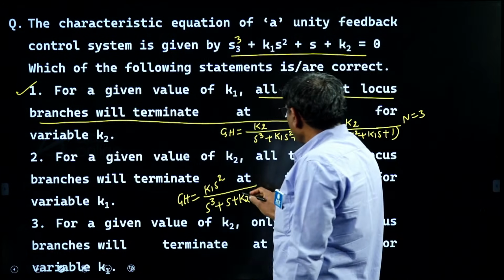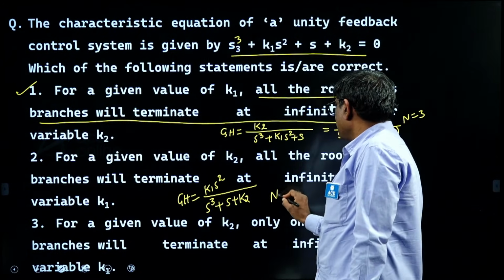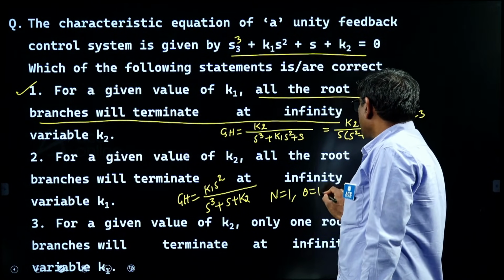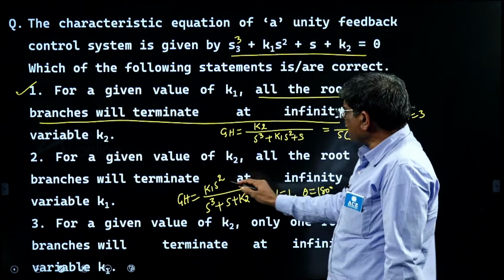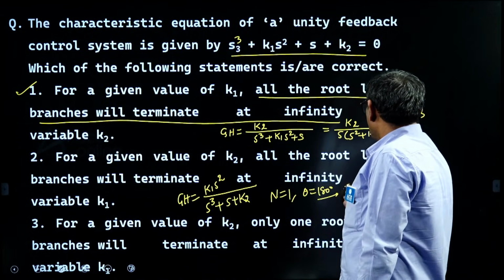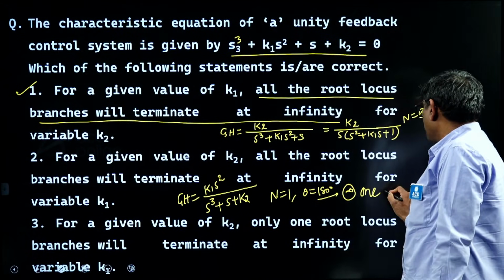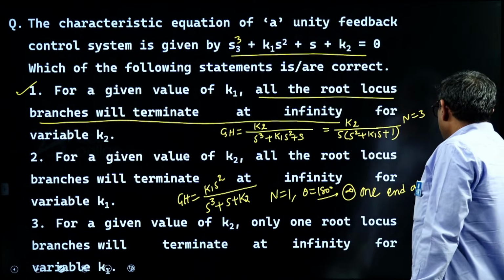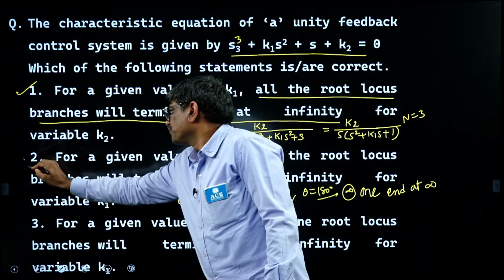That means you find only 1 asymptote, at 180 degrees. 2 branches end at the 2 zeros. Only 1 ends at infinity. That means the second one is wrong.